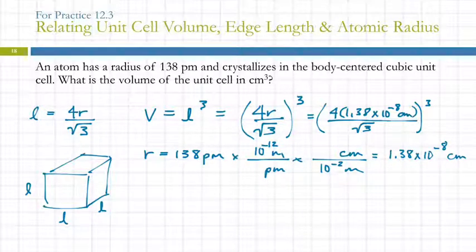Now you need to make sure that you can correctly communicate with your calculator. I'm going to do 4 times 1.38 EE minus 8 divided by the square root of 2.